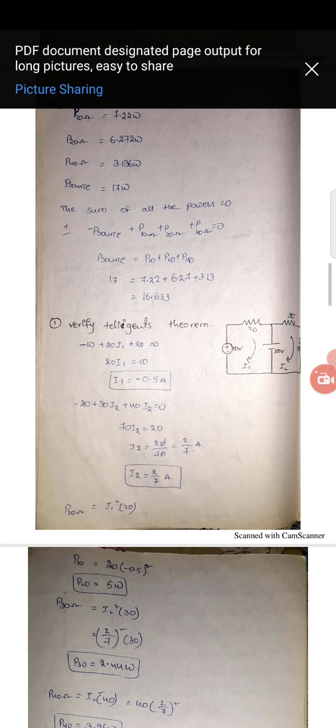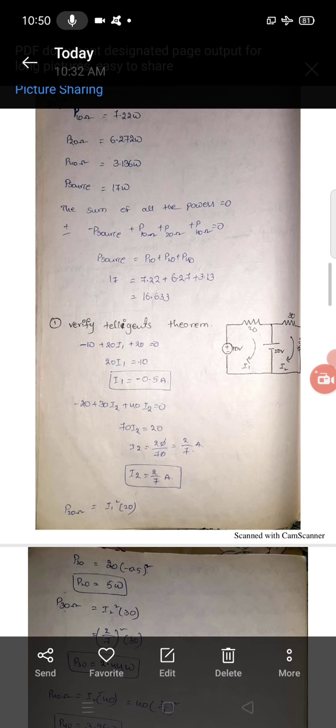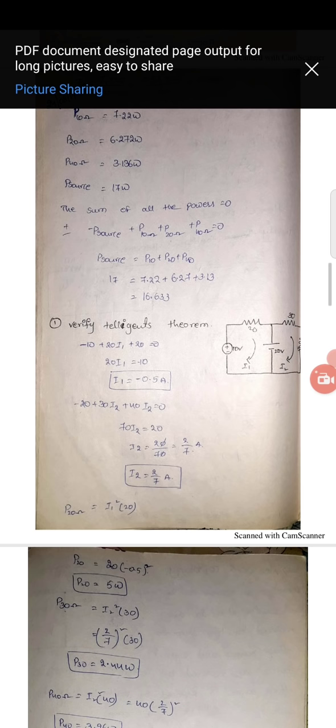The current flowing through it is I2, so that is I2 square into 30 ohms. I2 is 2 by 7, so 2 by 7 whole square into 30 gives a power absorbed by the 30 ohm resistor of 2.44 watts.